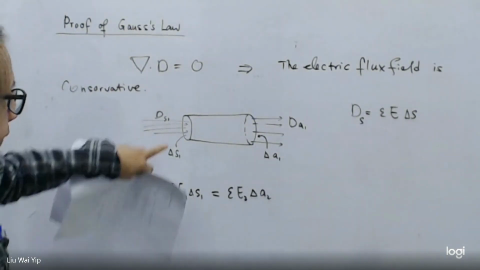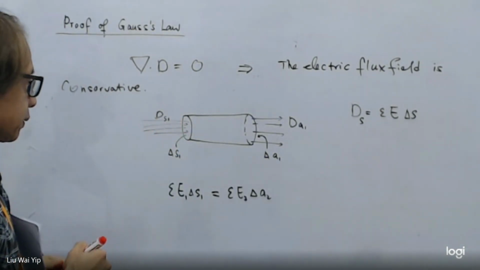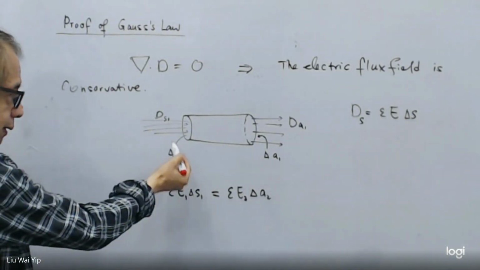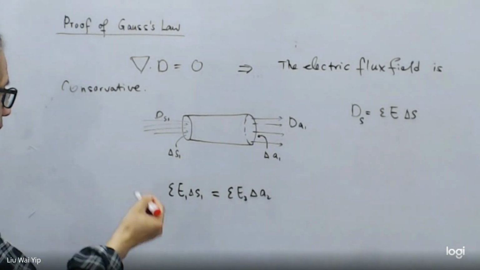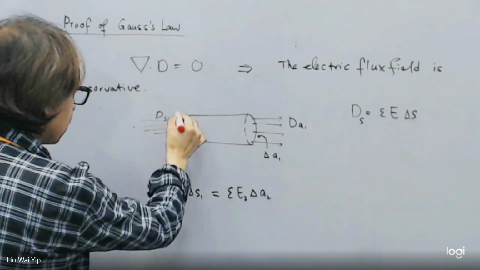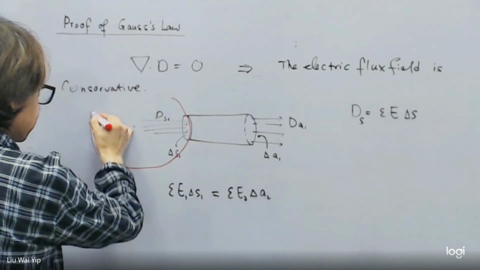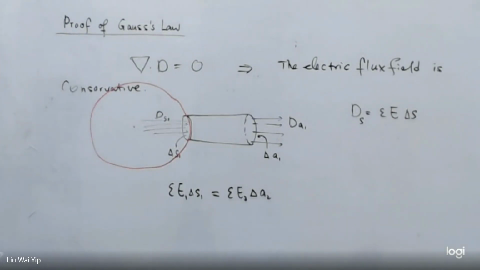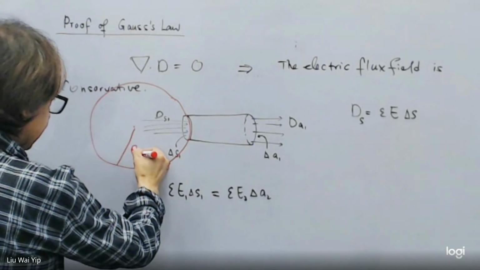If this little area delta S here is not just a delta S, not an independent delta S, instead it is a part of the perfect sphere. So this is the perfect sphere with radius r.